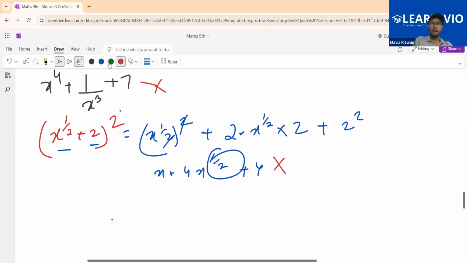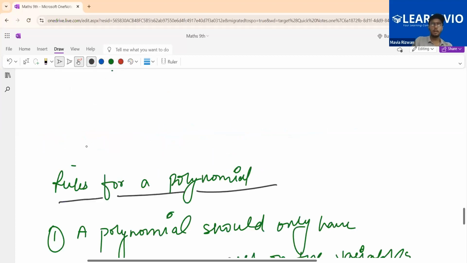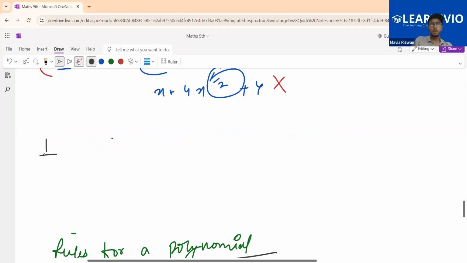Now tell me, is this a polynomial? No. Why not?